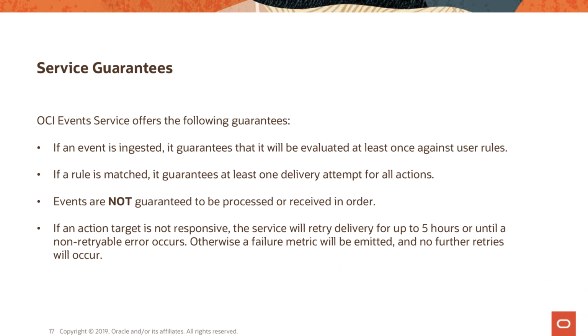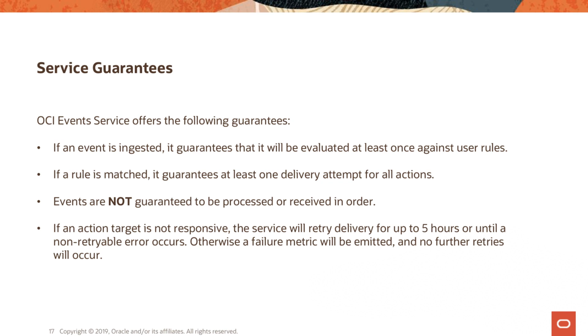And if the filter matches or the rule is matched, the OCI event service is going to guarantee at least one delivery attempt for all the actions that you have specified as part of the rules. Remember, you can have more than one action per rule. But there are no guarantees of delivering in order, or the processing to happen in order.